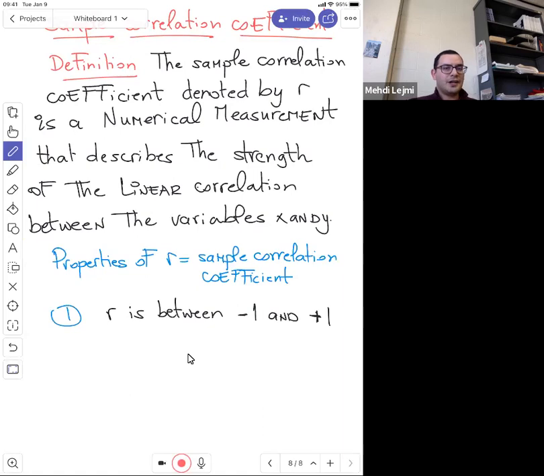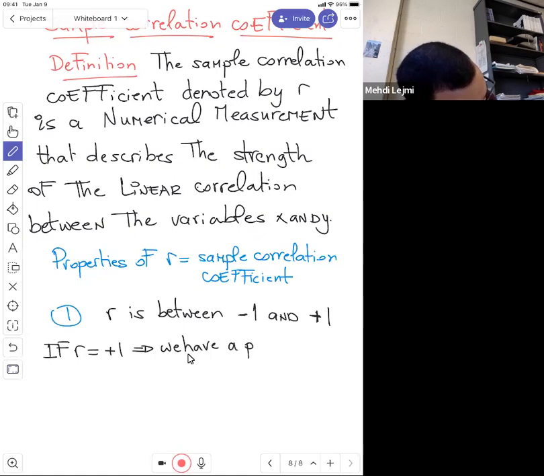If R is exactly equal to +1, then you have a perfect linear correlation.